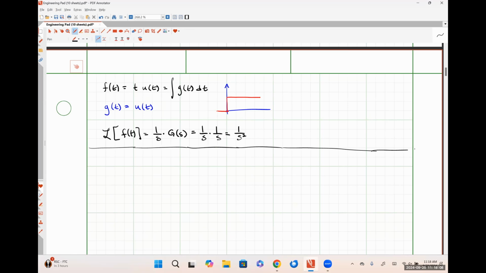So let's say that we're interested in a function f of t that is t squared u of t. We can do something pretty similar, right? We're going to wind up using the time integration property. So what should my g of t function be, such that when I integrate it, I would get this thing right here?